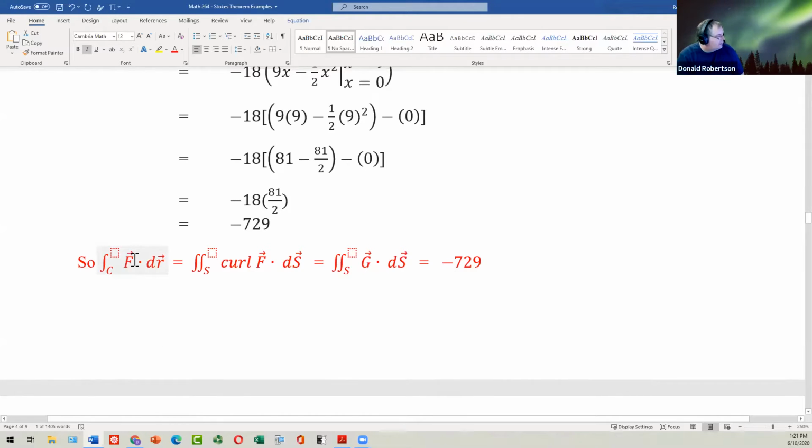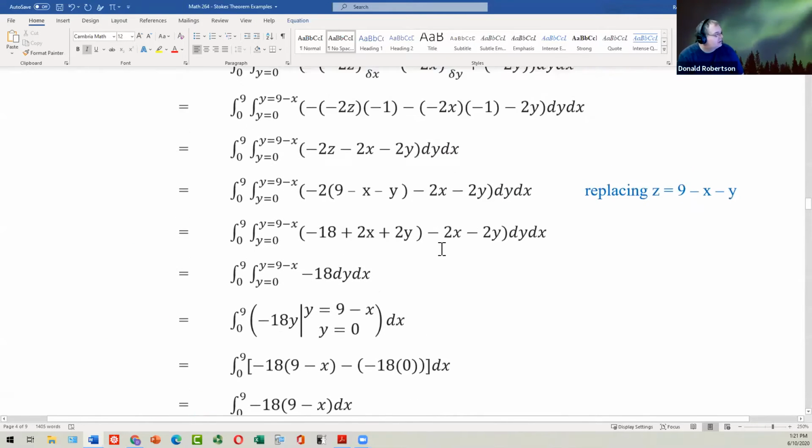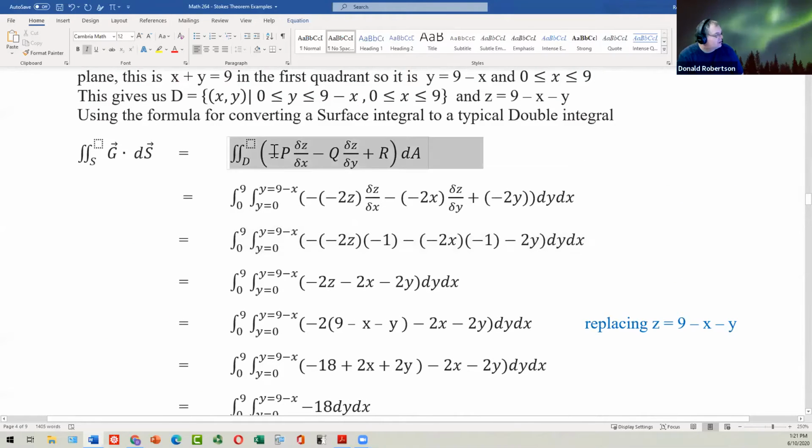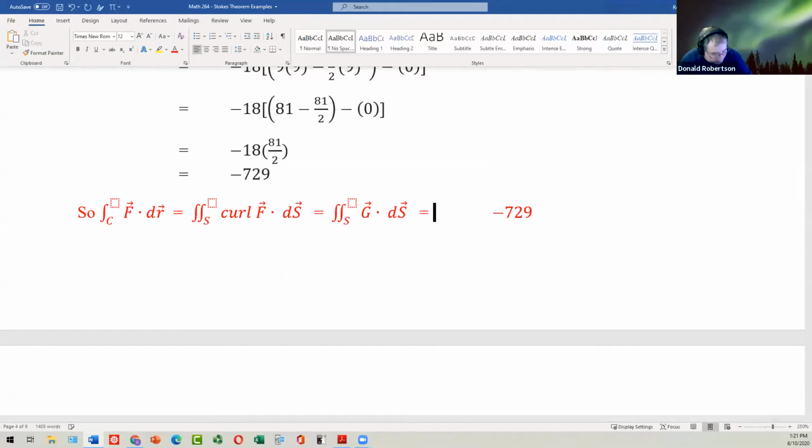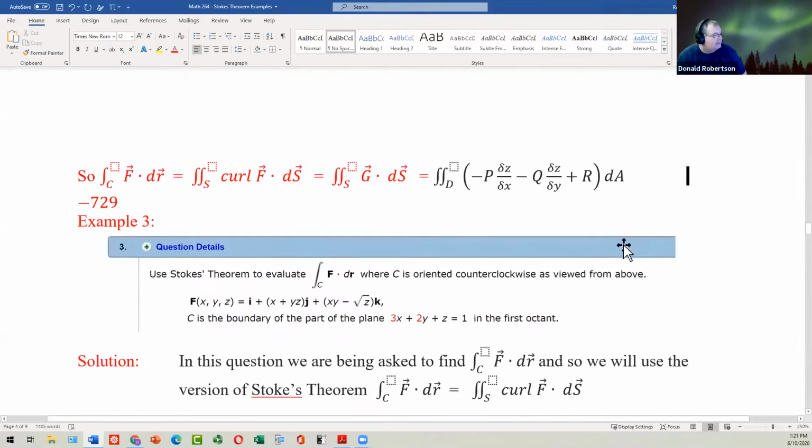So we were being asked to find this line integral. It became this surface integral, which in turn became this surface integral, which in turn became that guy.